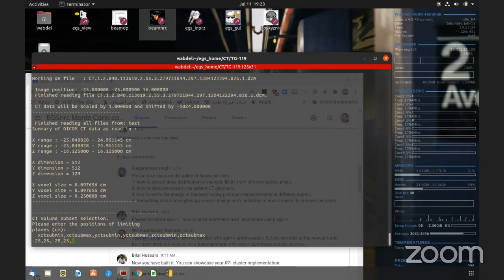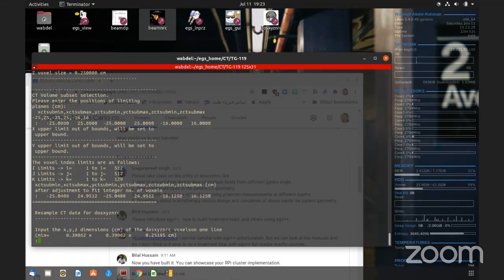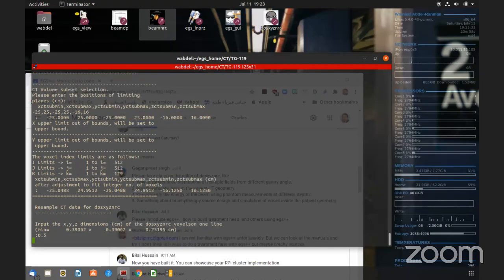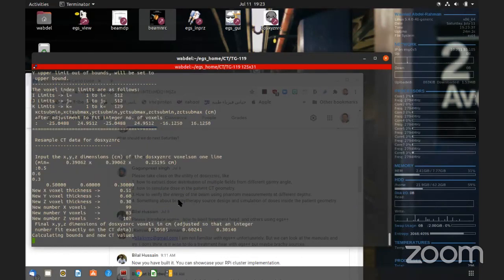And then -16 up to 16. Okay. So this I'm going to put 4 or 5. Does not matter. 0.5. Okay. It does not matter. I'm just putting the values. So it's calculating the bounds and CT values.